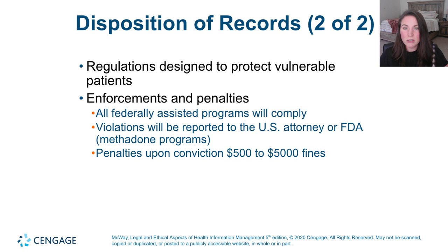The regulations assume that all federally assisted substance abuse programs will comply, and any violations can be reported to the U.S. attorney of their district or the FDA if it's a methadone program. If convicted for a first violation, you can be fined $500 and up to $5,000 for any subsequent offenses.